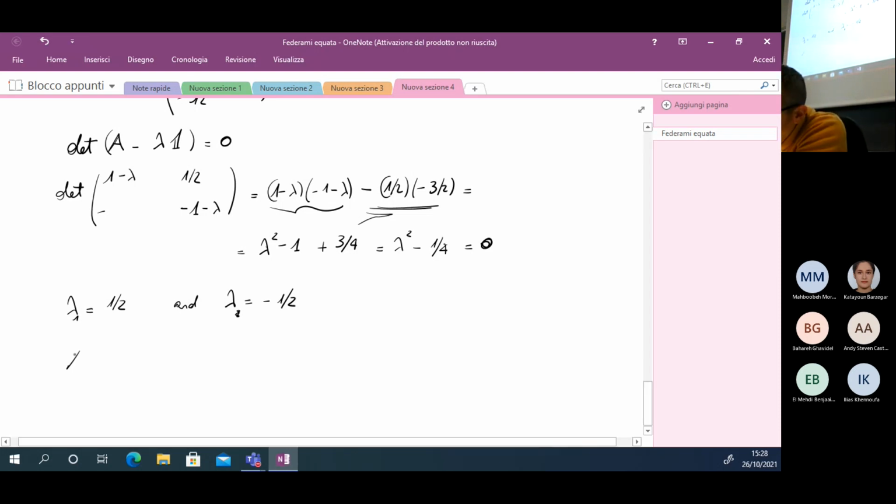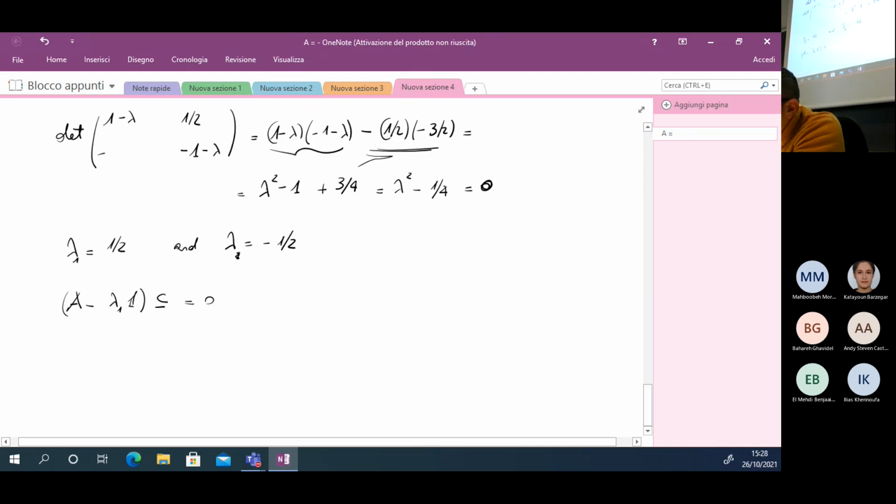What we have to do is to solve the equation A minus lambda 1 identity times C equal to 0, and A minus lambda 2 identity times C equal to 0. This would give me the eigenvectors corresponding to lambda 1 and lambda 2.